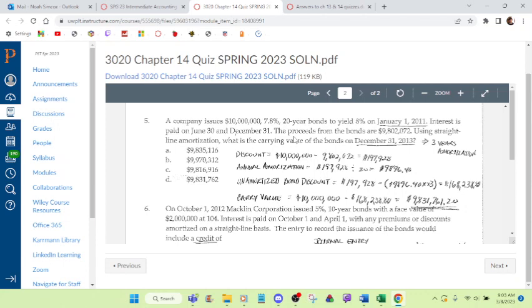Now, what did I mess up on this? Okay, so the total discount is the difference between this and this. Then the annual amount is going to be this divided by 20. Now, did I divide it by 2 and I was not supposed to?